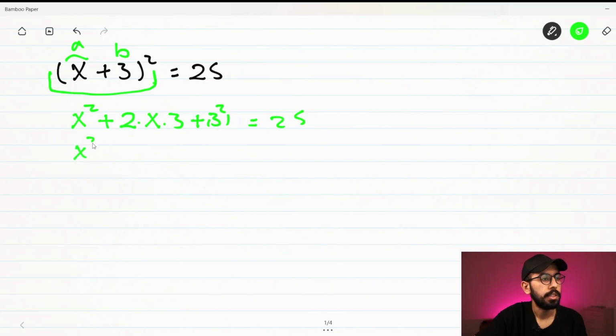The result is x squared plus 6x plus 9 equals 25.